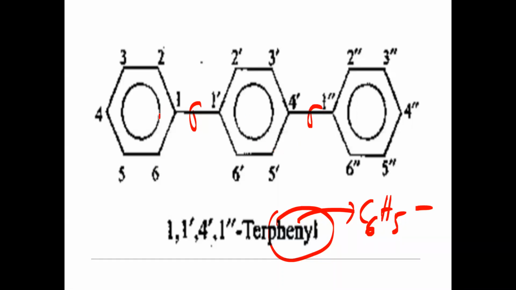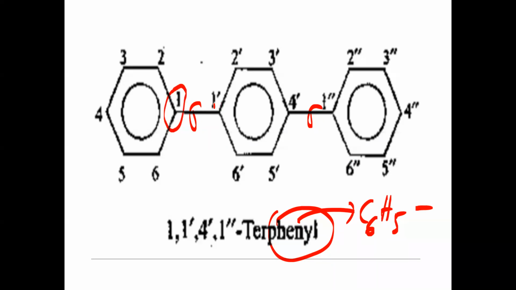Now the first ring we have given numbering: first carbon, second, third, fourth, fifth, sixth. Then 1 dash, 2 dash, 3 dash, 4 dash, 5 dash, 6 dash. After this, 4 dash is connected to 1 double dash. In the third ring, we have taken numbering 1 double dash through 6 double dash. Now we have to check the connecting carbons.